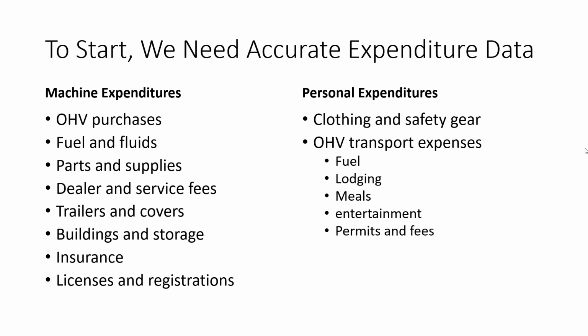It also allows the modeler to take the current impact where they figure out what did you spend on buildings in 2018? What did you spend on trailers in 2018? How many vehicles did you buy in 2018?